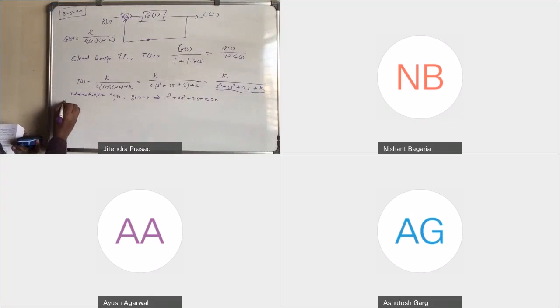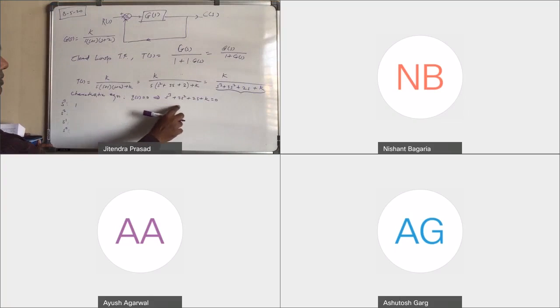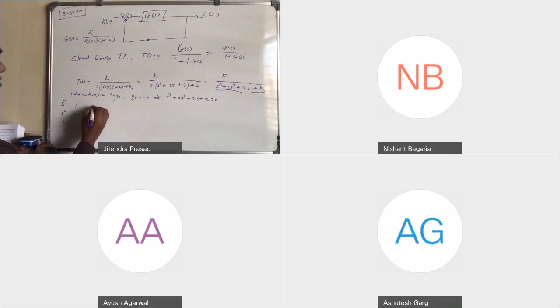So we make a table, S cube, S square, S to power 1 and S to power 0. We write 1 here, then 2 here, then 3 here, K here.